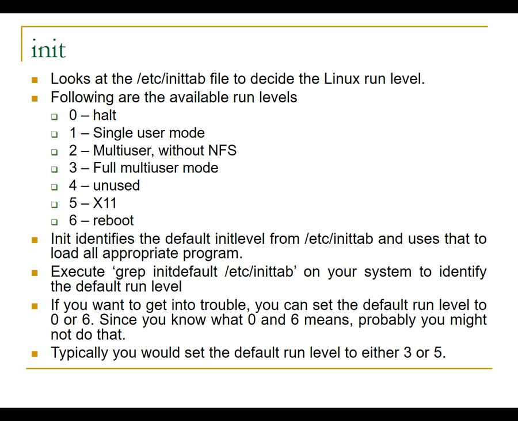Option number 4 is for accessing the unused file. 5 is for X11. In unit number 1 we will discuss X11 in more detail. And 6 is for rebooting the system. So all this sequence is maintained by the init level.